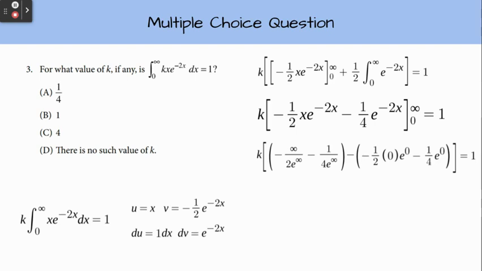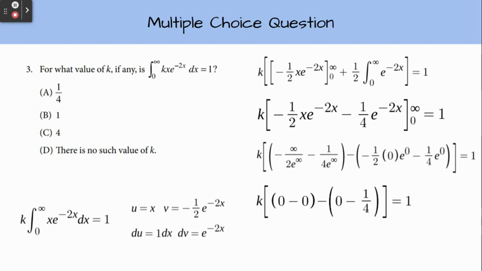I did that for the left side, and then you have that part minus what you get when you plug in the zeros, and that's on the right side. On the left side you have negative infinity over 2 e to the infinity, and since e to the infinity grows faster than just infinity, it's going to go to 0. Same with the 1 over 4 e to the infinity, that's also going to go to 0.